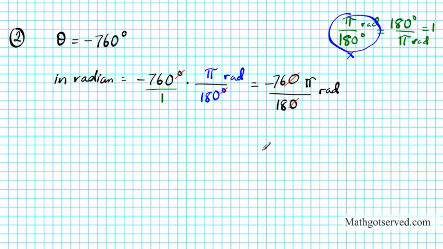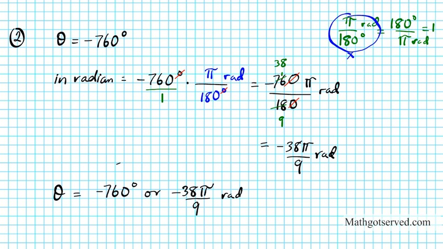Okay, so when I divide 76 by 2, I have 2 goes into 7 3 times, and then 2 goes into 16 8 times. All right, and then 2 goes into 18 9 times. So the answer is going to be negative 38 pi over 9 radians. Okay, so theta is going to be negative 760 degrees or negative 38 pi over 9 radians.